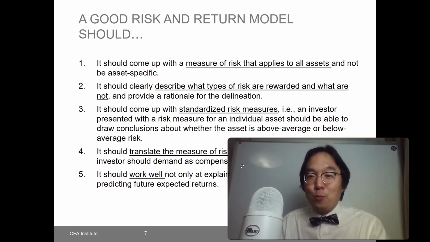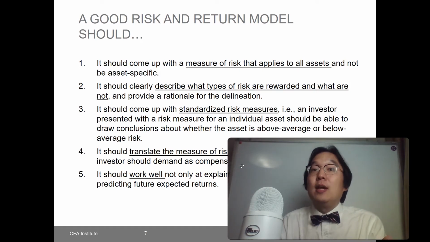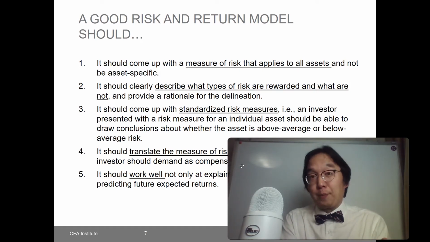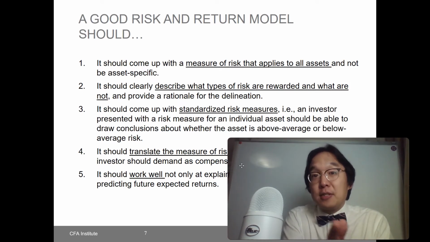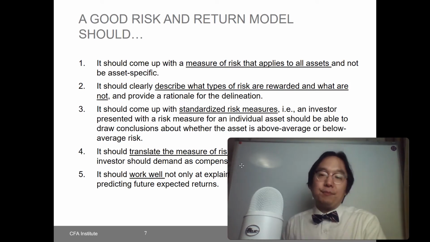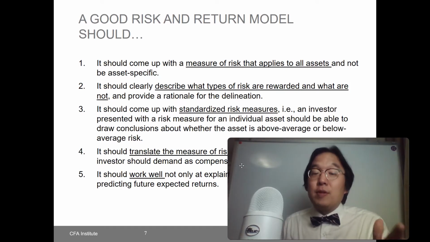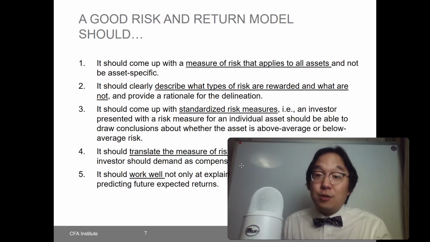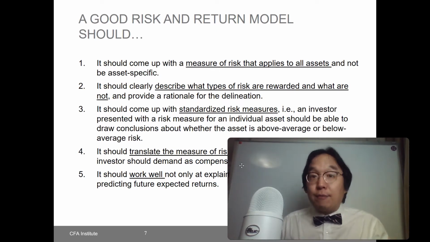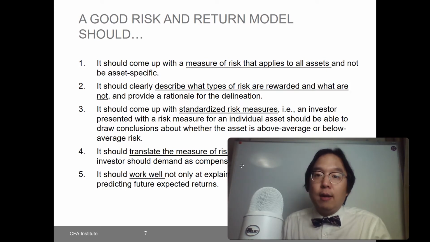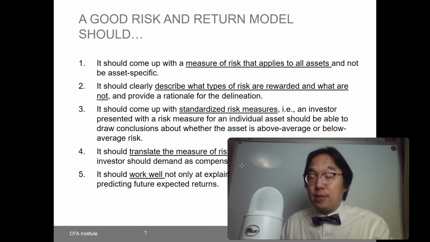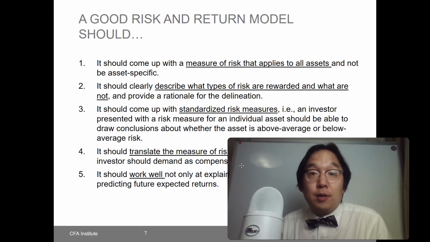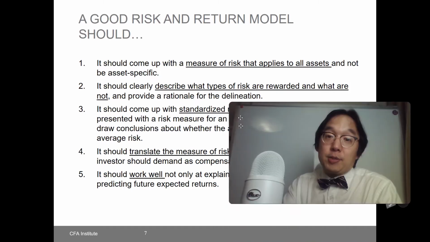Some kinds of risk are expected to be rewarded. That's how this model predicts. The model works for the kind of risk that is rewarded. For the kind of risk that is not rewarded, we are just blindfolded for that part. It's at your own risk. You take it. If you get compensated, good luck. But on average, there are some parts, we're going to talk about it later, that are not going to be rewarded by the model.